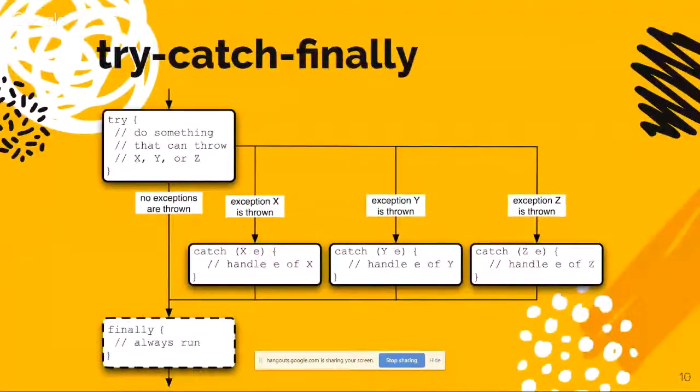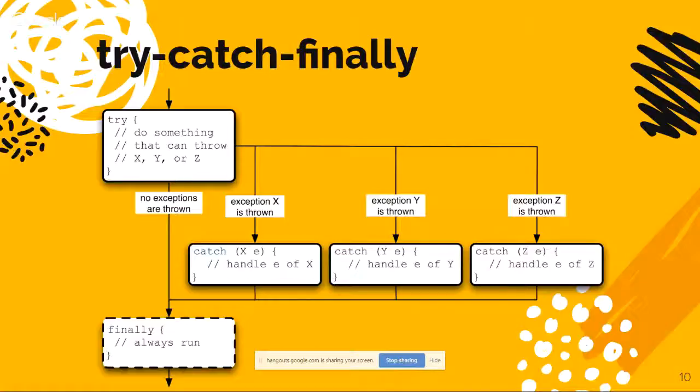Now, there is another very interesting way to handle an exception, and it is the try-catch-finally. This is a control structure where the code in the finally section will always be executed. So in this case, we have the same structure at the beginning, try. Maybe you can specify in this block the regular code. So if you are trying to connect to a server, you will set your code in this block.